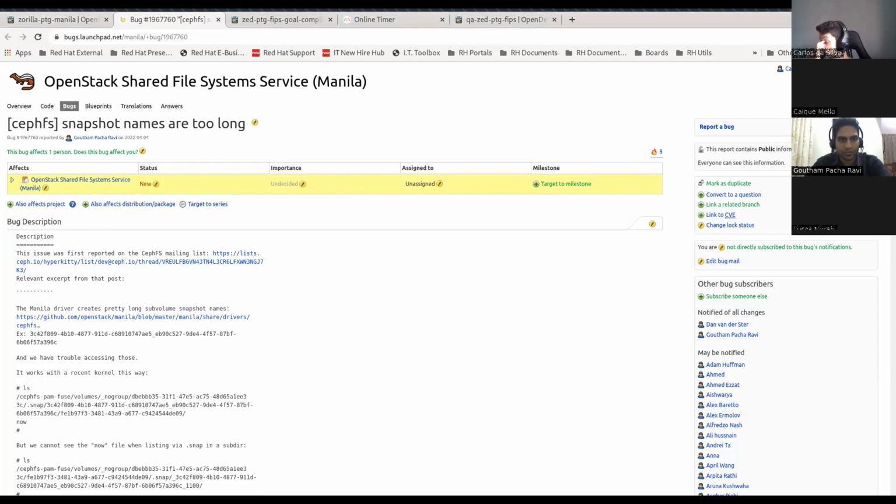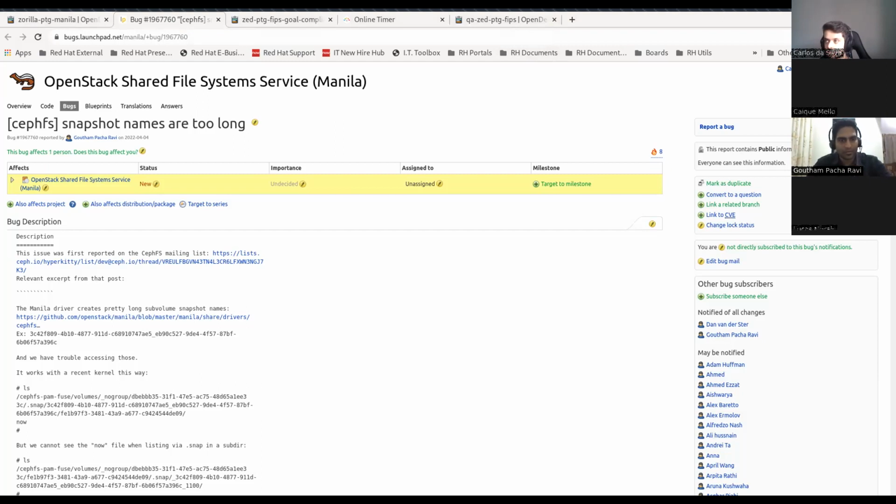Ceph MDS has an 80 character limit on the directory names in the .snap directory, and since Manila generates snapshot names with two UUIDs, when you add the inode number that Ceph appends to the name, you exceed this 80 character limit.